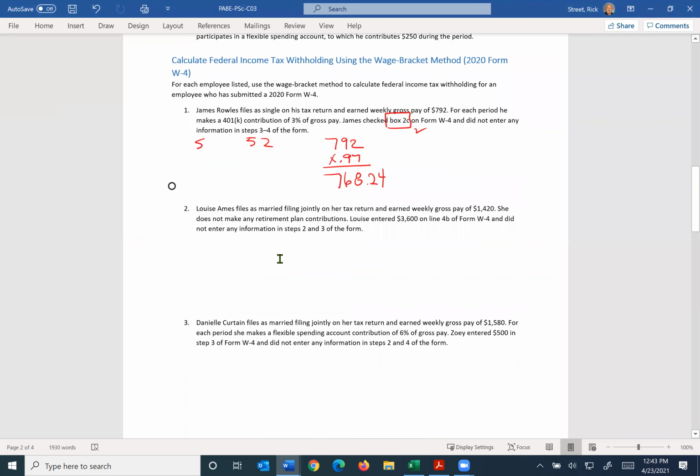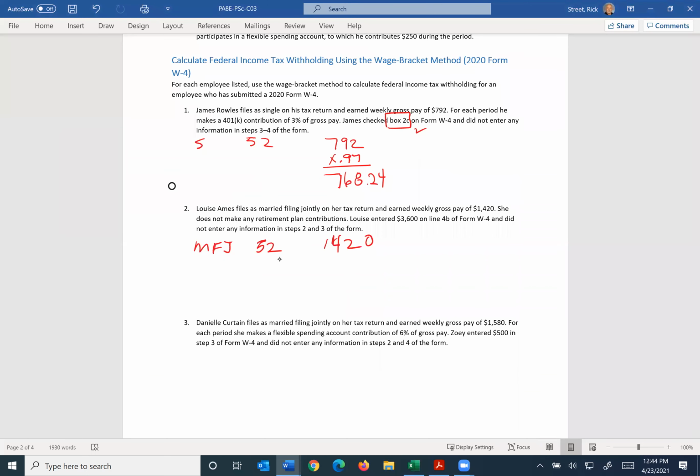Okay, so now we have Louise Ames, who files married filing jointly. Paid weekly, so it's 52 periods. Gross pay is $1,420. She does not make any retirement contributions, so this is also her taxable income.